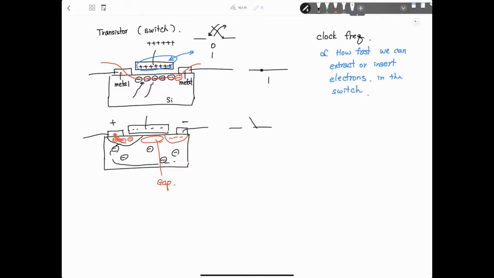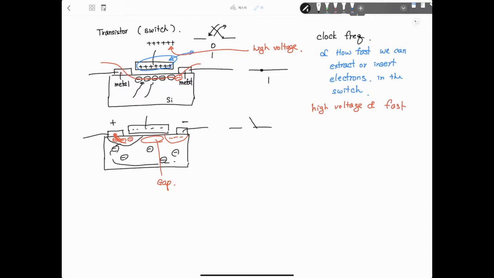Okay, so if we are giving high voltage, then the electron moving is much faster, right? High voltage means electrons move fast. If the voltage is lower, then the electrons move much slower. So it's just proportional.